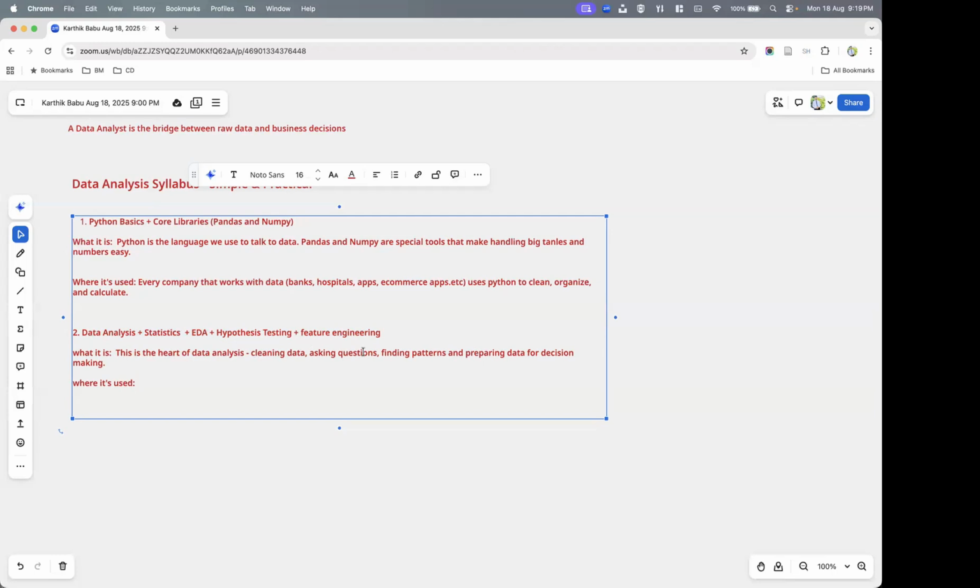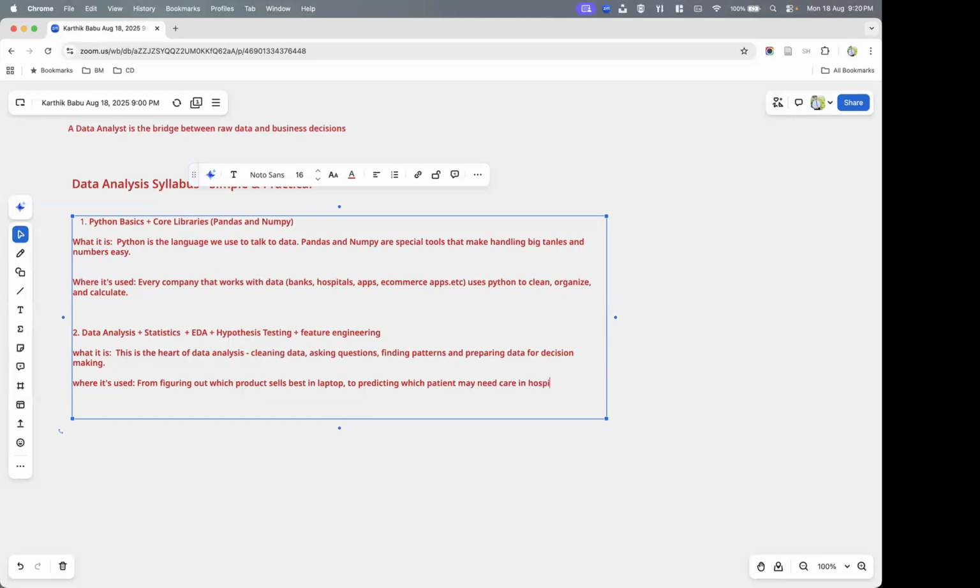Now let us understand where it is used. It ranges from figuring out which product sells best in laptops, to predicting which patient may need care in hospital.